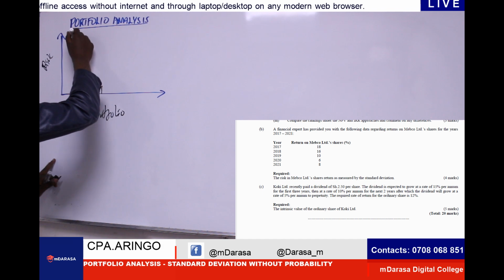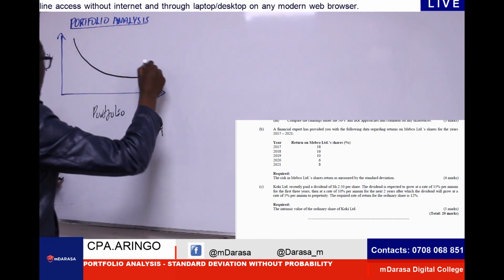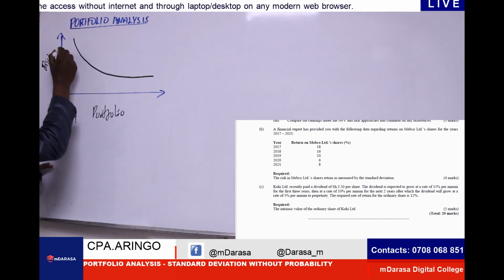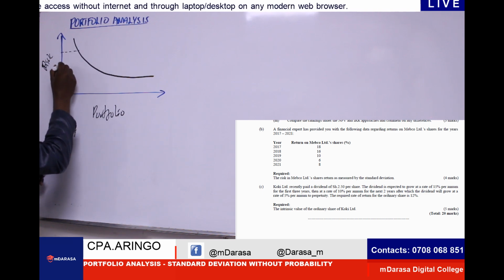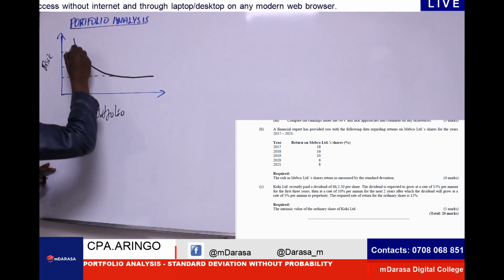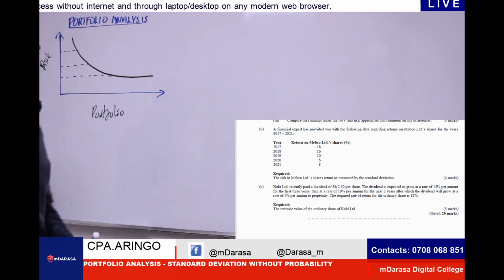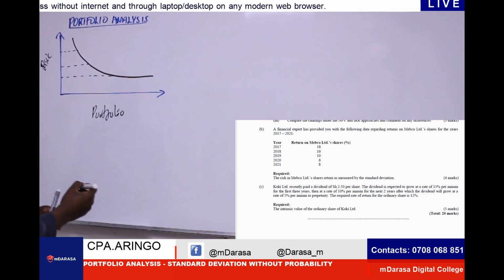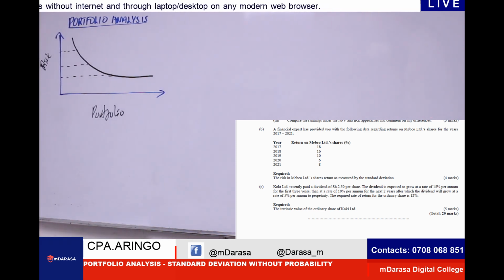Looking at these types of risks, we realize that there are certain risks which are going to be reduced by holding a portfolio. Let me first minimize this question so that you can concentrate on what Mwalimu is guiding us now.